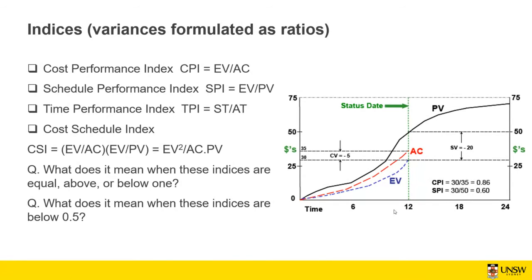Which means that in order to complete the job by the end of the project, you need to ramp up your earned value. In this case, your planned value rate is decelerating, so it's getting to a plateau, and your earned value is just moving up.